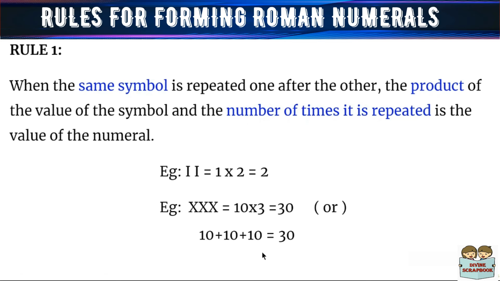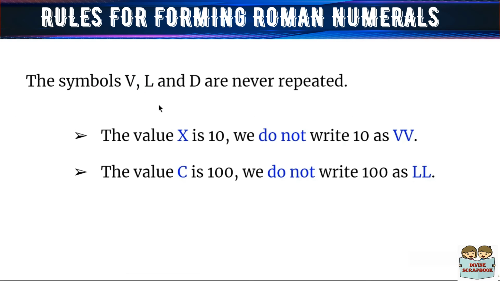One more point to remember here. The symbols V, L and D are never repeated. So we write the value of 10 as X. We do not write 10 as VV. Similarly, we use symbol C to write 100. We do not write LL for 100.